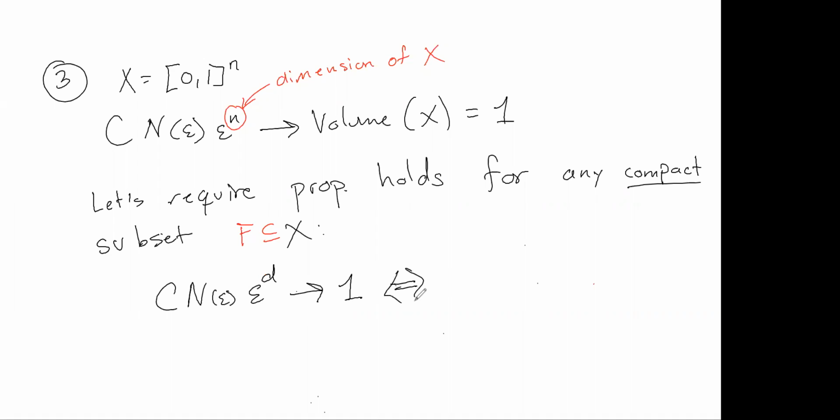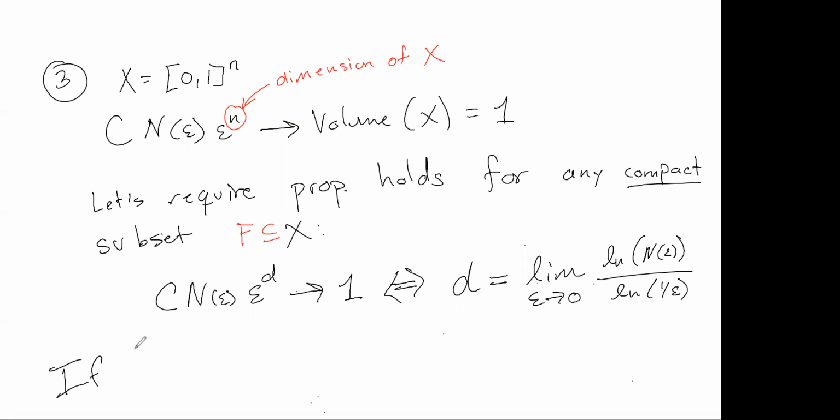Okay, we don't have any time left, but you can rewrite this as D being the limit as epsilon goes to 0 of the natural log of n of epsilon divided by the natural log of 1 over epsilon. So if the limit exists, this is called the box dimension.